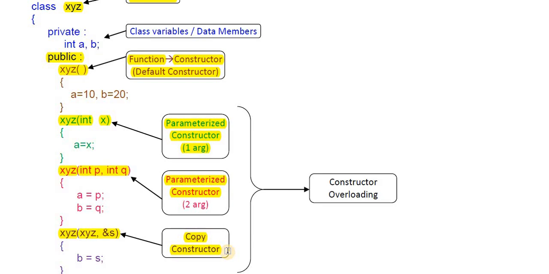It is used to copy one object into another object, and a copy constructor can only use one parameter. So here you can see we are creating many constructors. This is 1, this is 2, this is 3, and this is 4. Total 4 constructors. All these functions have the same name, and this name is also the same as the class. So this is constructor overloading.